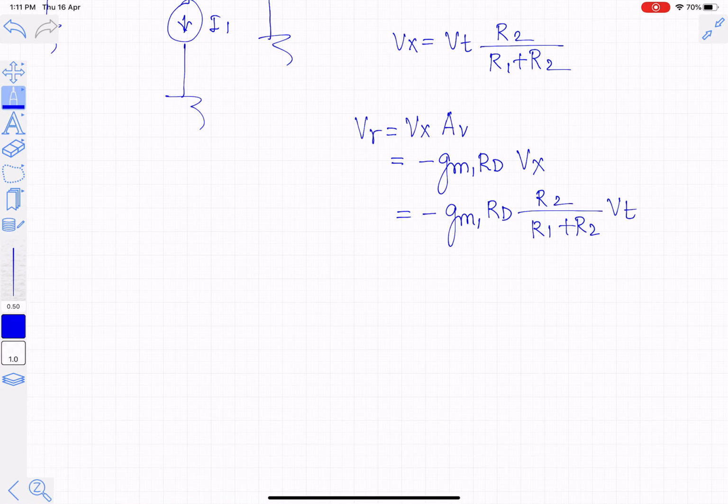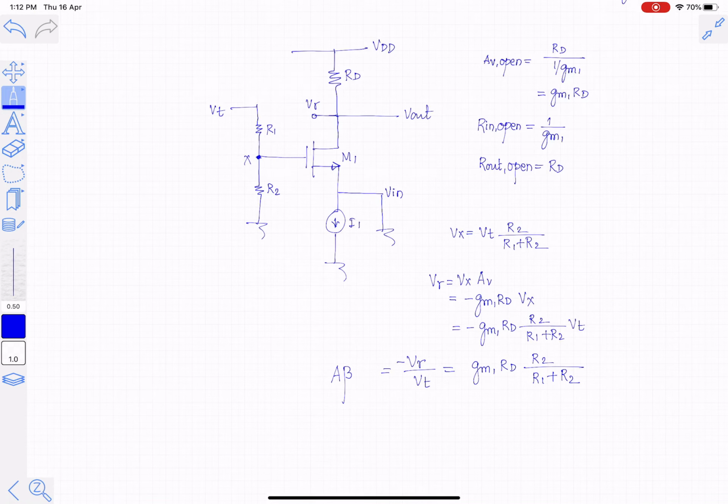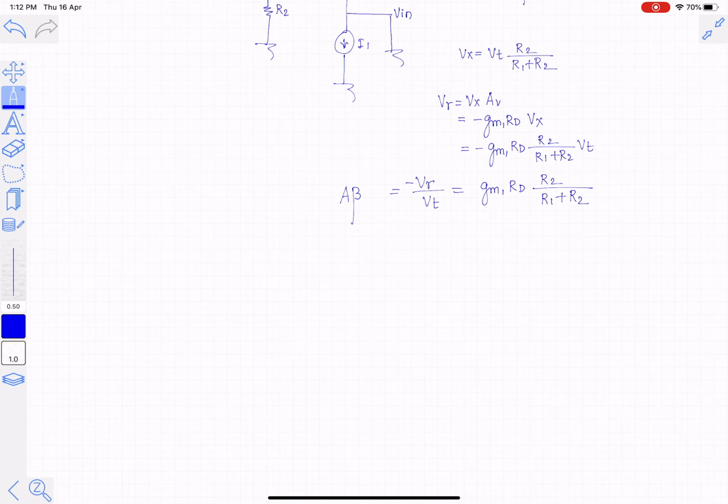So you can see that minus Vr by VT is equal to A into beta, which is GM1 RD into R2 divided by R1 plus R2. Once the loop gain is available, we can write the expression for AV closed easily.